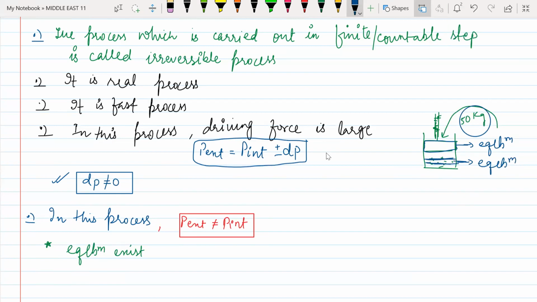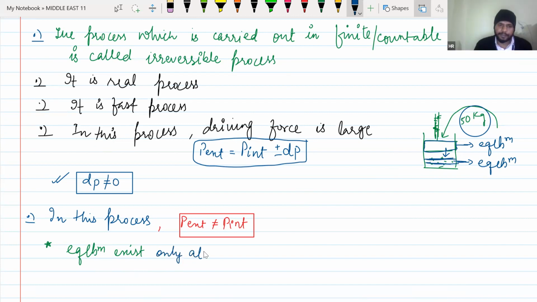So in irreversible process, there will be equilibrium, but only at the initial and final stage, not in between, because it will be moving downward according to the situation. Is that clear, everyone? Yes, sir. Equilibrium exists only at initial and final stage.